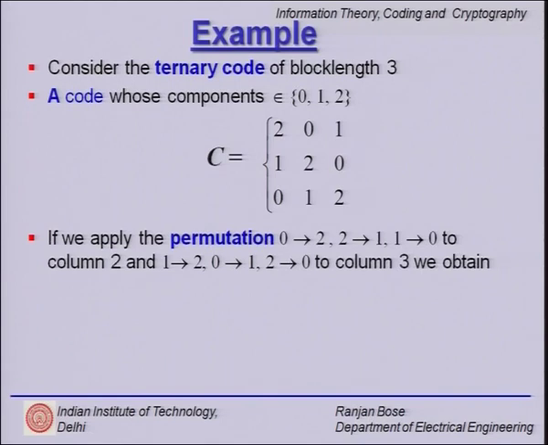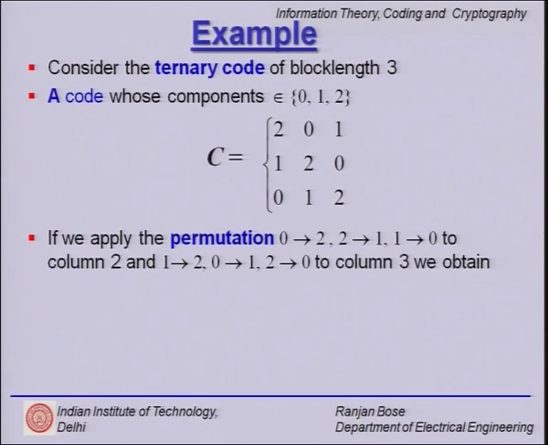I have here k equal to 1 and I have got n equal to 3. So possible inputs are 0, 1 and 2.